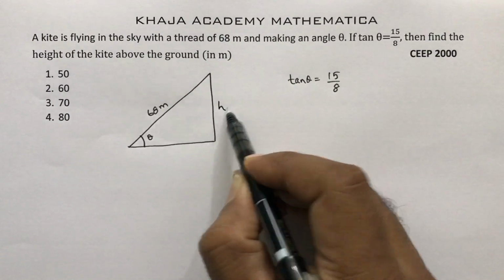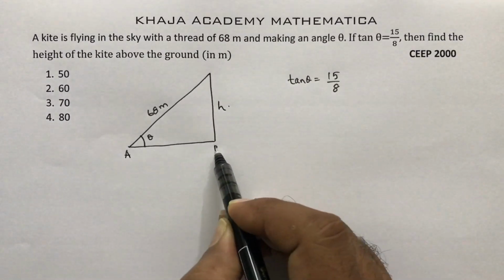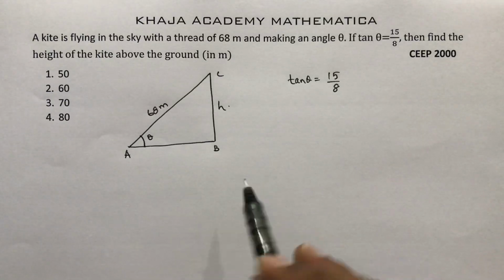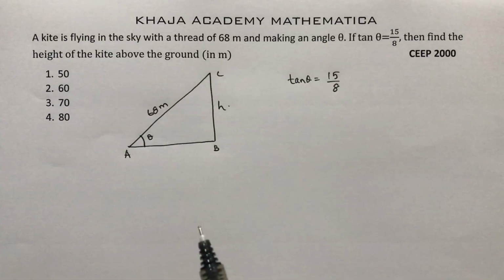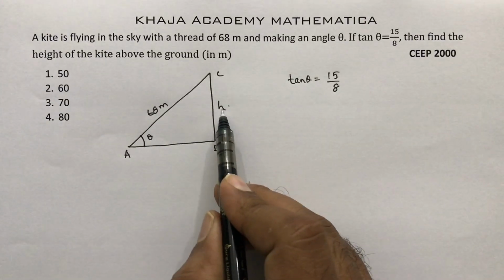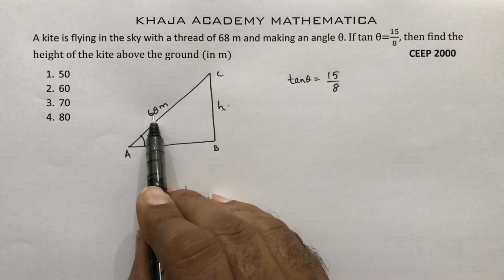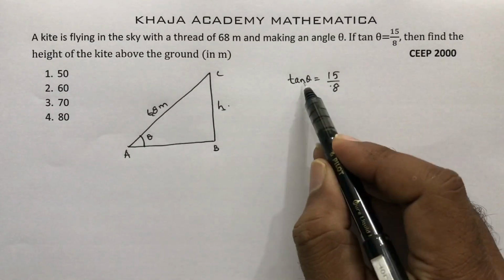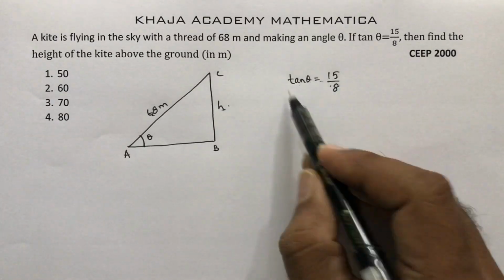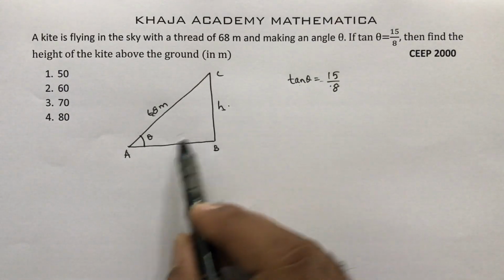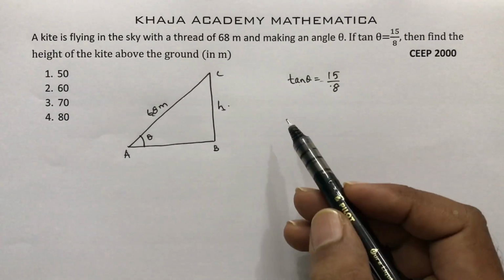So we need to find this, A, B, C. Tan theta is 15 by 8, but we need the height. With the help of trigonometric ratios you can find the H value, or otherwise directly apply tan theta.